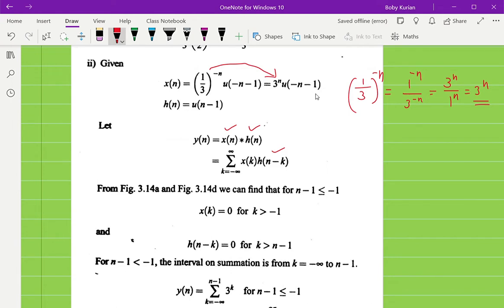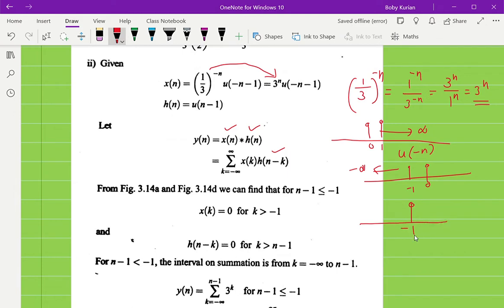So u of minus n minus 1, let us think about it. u of n is ranging from 0 to infinity, and its value is equal to 1. Whereas u of minus n, we time reverse it. So in fact 0, minus 1, like this, up to minus infinity. u of minus n minus 1 means it is shifted one unit to the left.